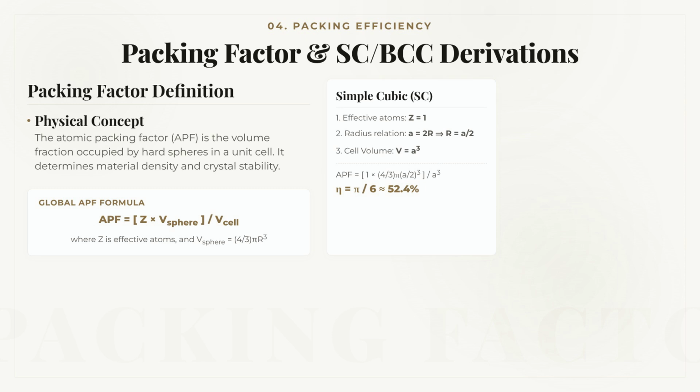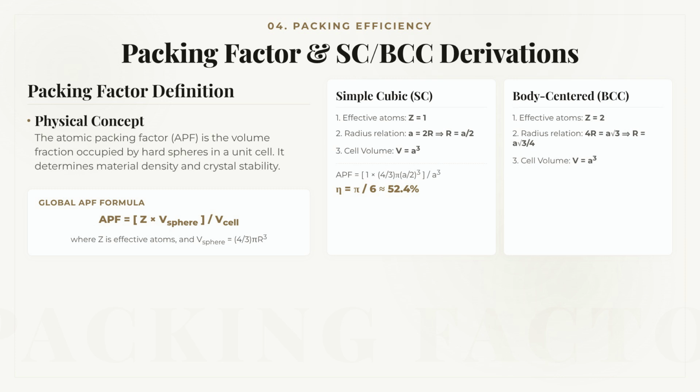Since the volume of a sphere is 4/3πr³, we can calculate the packing efficiency for different crystal structures. For the simple cubic structure, there is 1 atom per unit cell. The atoms touch along the edge of the cube. Therefore, the edge length a is equal to 2r, where r is the atomic radius.